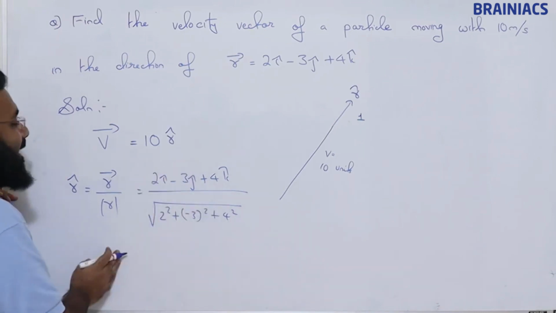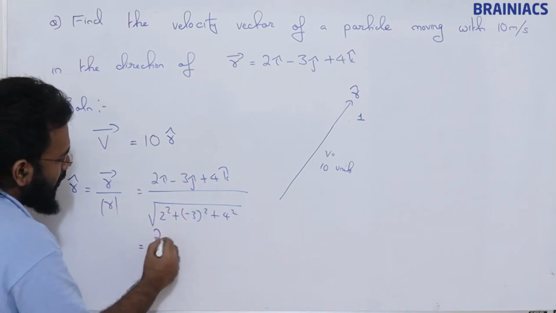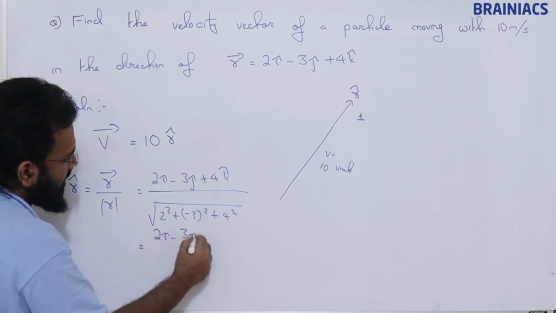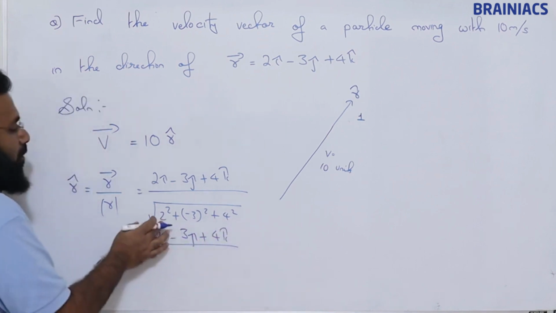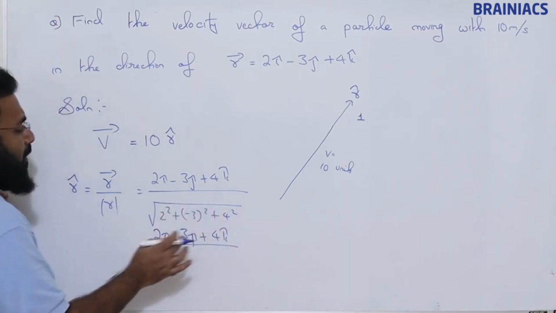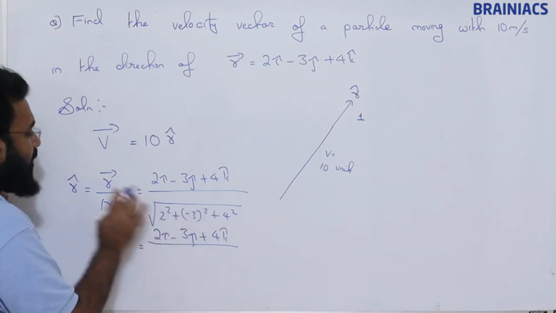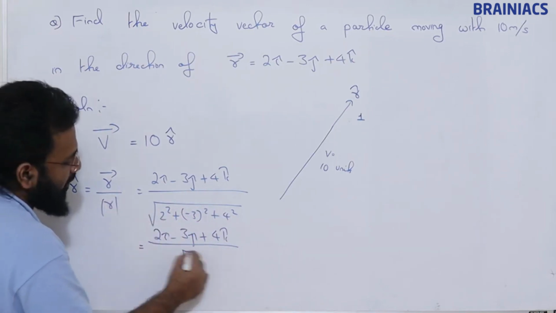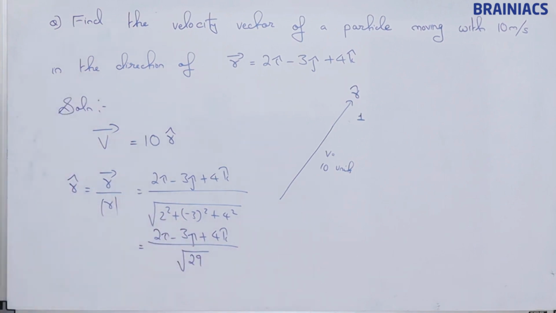Rather, we can directly write 2i minus 3j plus 4k divided by root of 4, 9, 16. So 16 plus 9 is 25, 25 plus 4 is 29. So this is going to be root 29. So this is the unit vector of vector R.